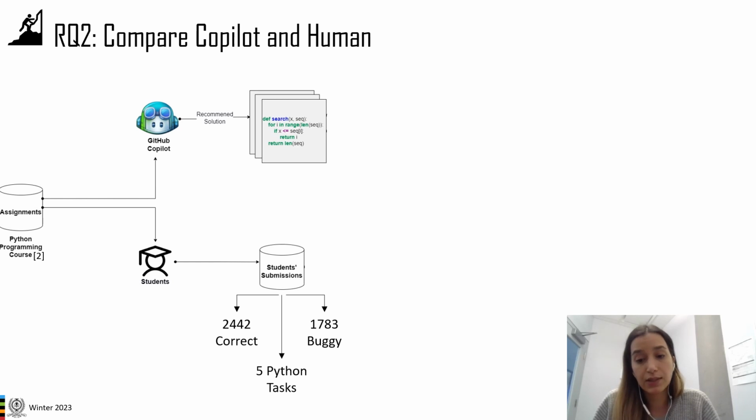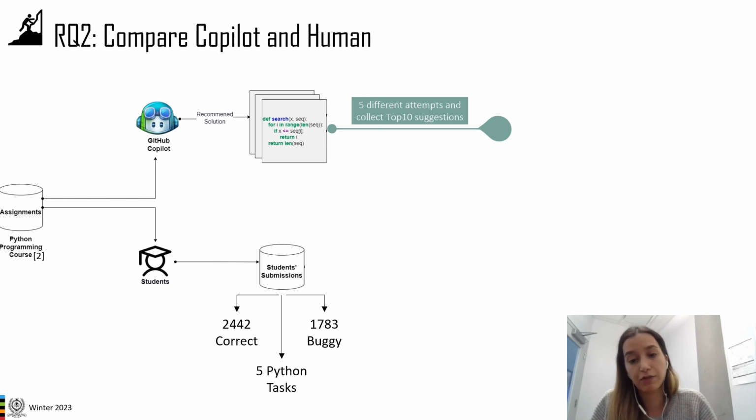The student submissions are in two categories, correct or buggy, and the solutions that are not addressing the purpose of the assignment. So we give the same descriptions that were given to the students to Copilot.